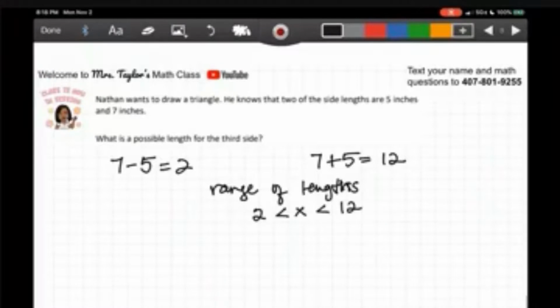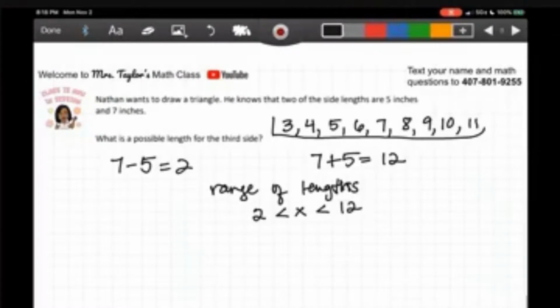So what are the possible numbers you can have? You can have 3, 4, 5, 6, 7, 8, 9, 10, and 11. So either one of those answers would work. They say just pick one. What is a possible answer? And you have 9 choices to pick from.